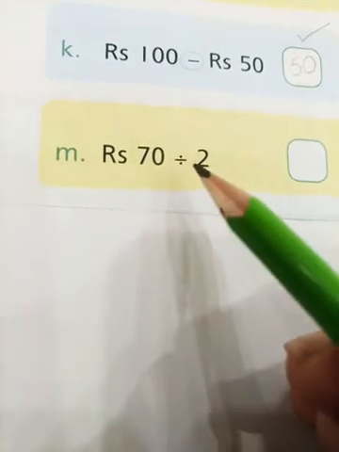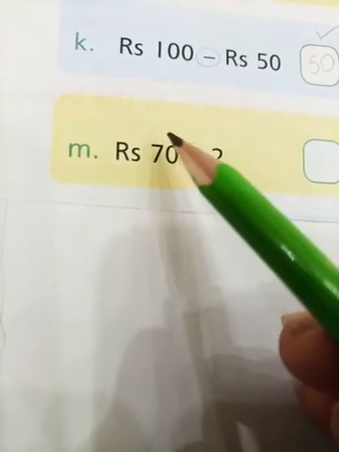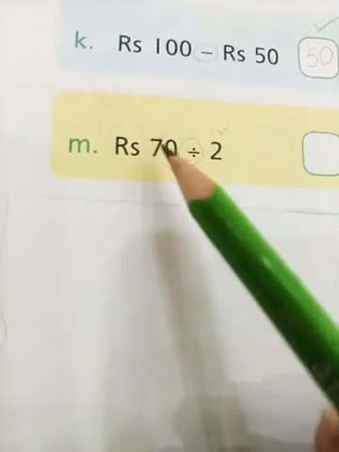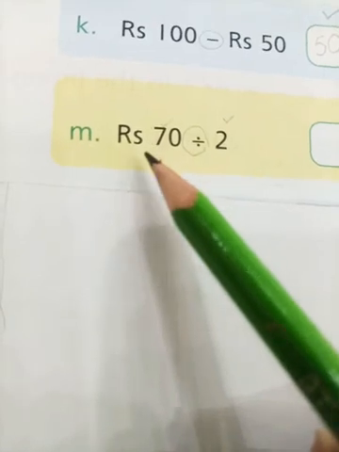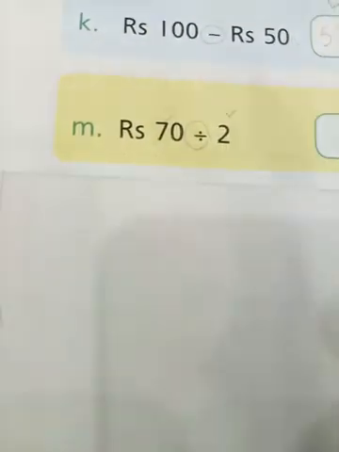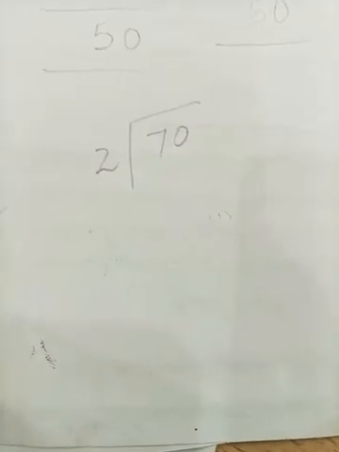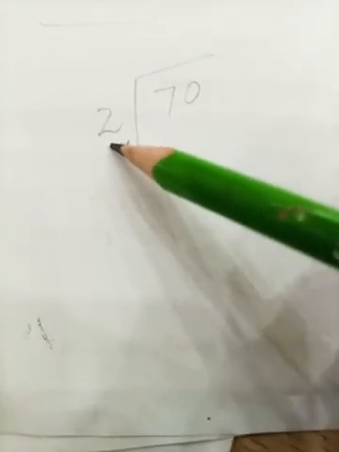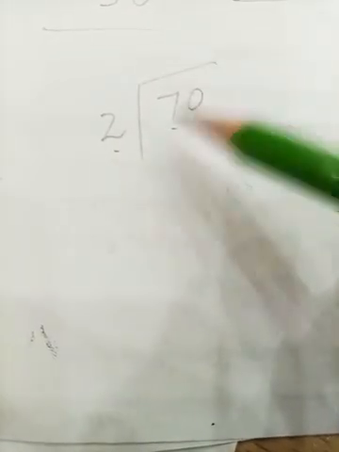Next is the sign of division. So students, here we are going to divide 70 rupees into 2 people. You have 70 rupees and you are going to divide these 70 rupees among your 2 friends. Students, let's divide it. Firstly, we will compare our divisor with the first digit of the dividend.